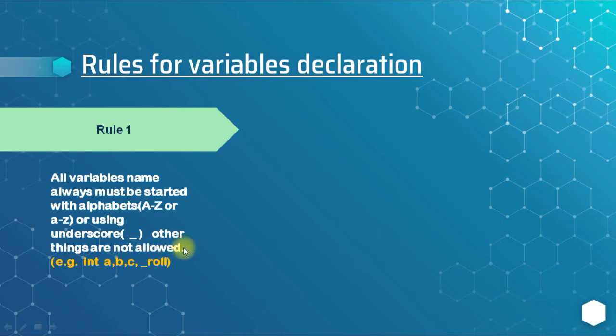Other things are not allowed. For example, int A, B, C. These are alphabets. Next one is underscore, means we have used an underscore before the alphabet, so it is allowed. We can also use an underscore in the middle or at the end of the variable.